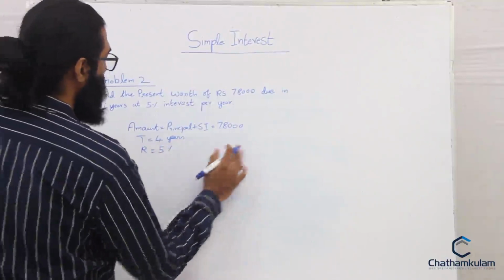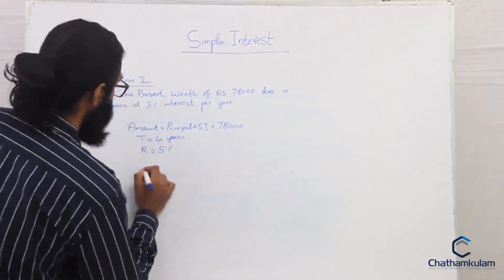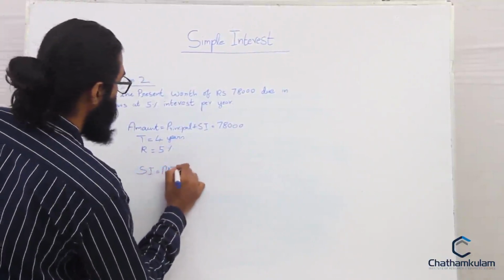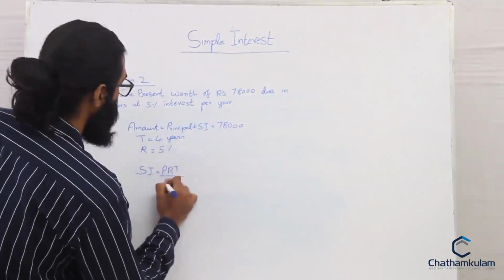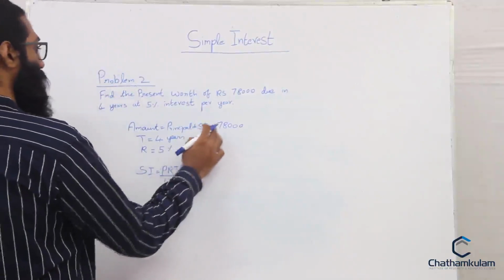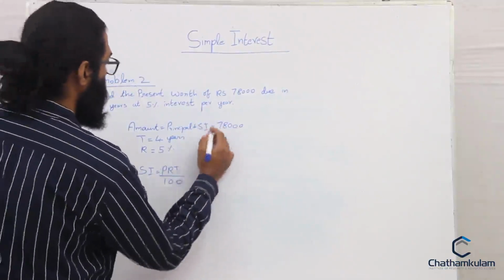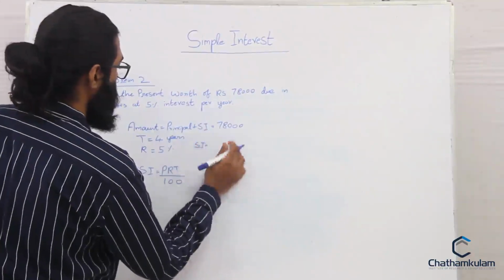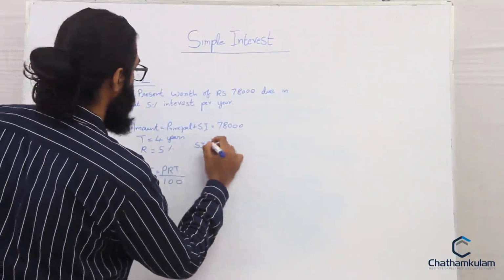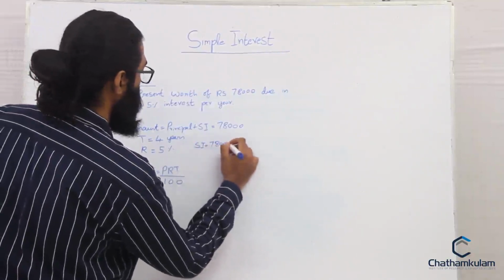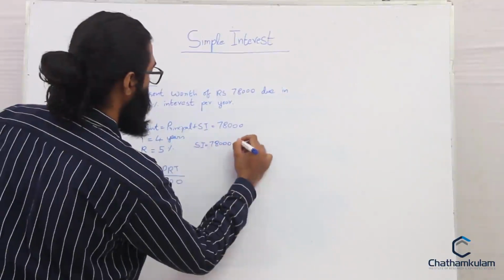We have the formula SI equals PRT by 100. From this we can find SI as 78,000 minus principal.